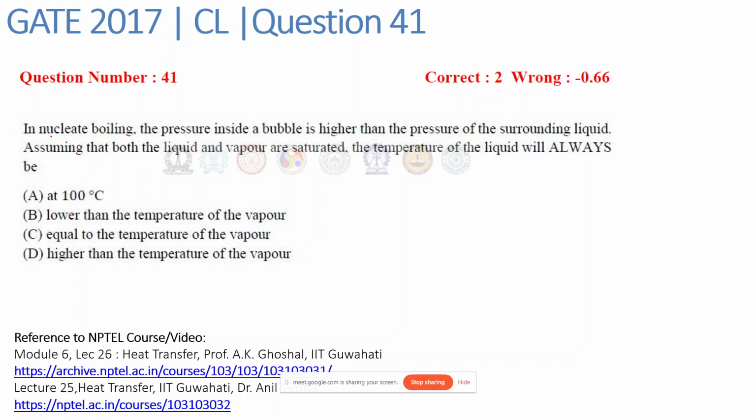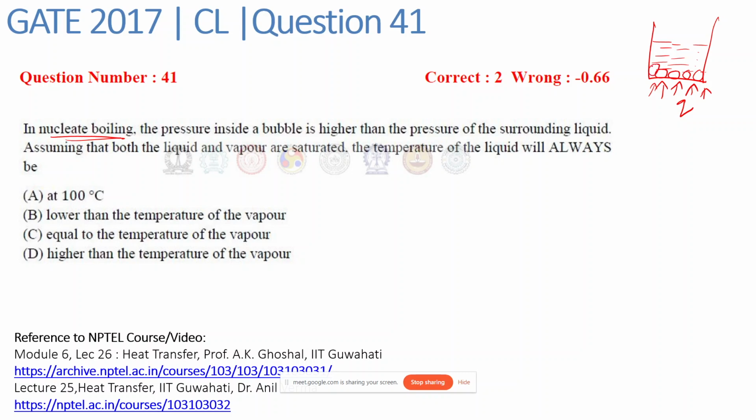So here, first of all, we have been given nucleate boiling. In nucleate boiling, let's consider this as a vessel, and this is my heat source Q dot, and the vessel is filled with fluid. Then in the nucleate boiling regime, the bubbles will start to form.